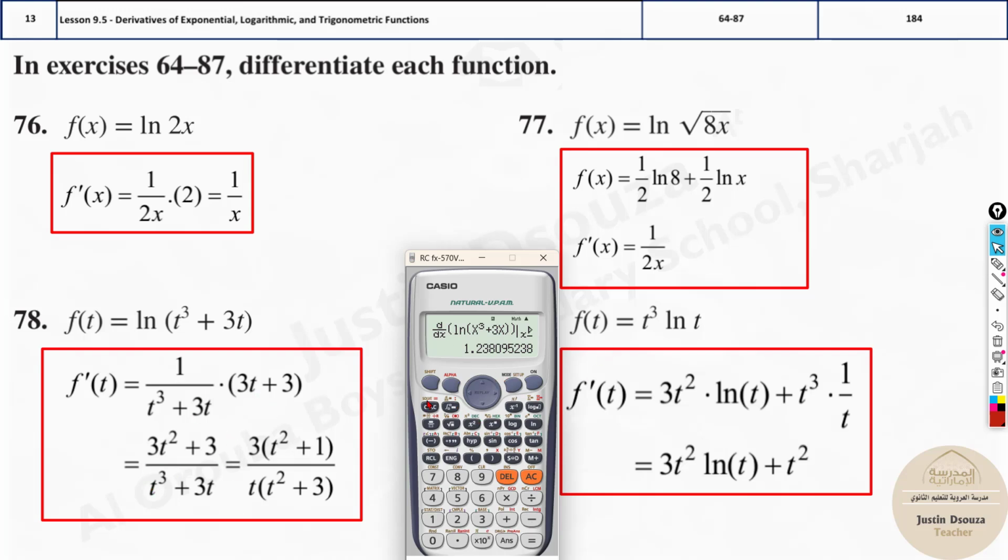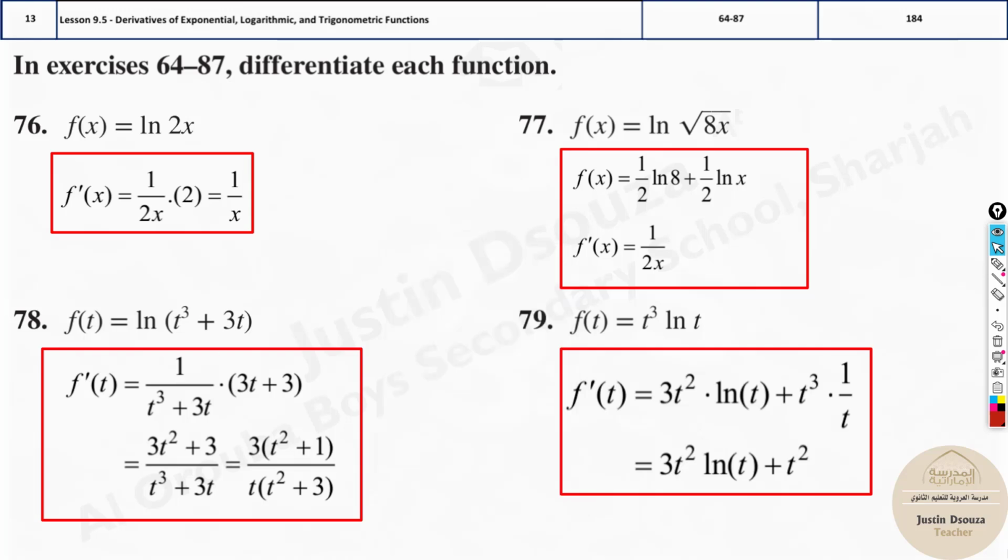Now, for the final answer over here, do the same thing, but as it is, no dy by dx, directly the given answer. So 3 times x squared plus 1, close the bracket, divided by x times x squared plus 3, close the bracket, calculated at 1.5. The answer is 1.2380 and so on.